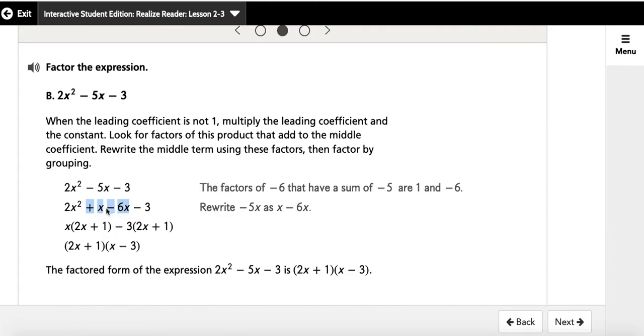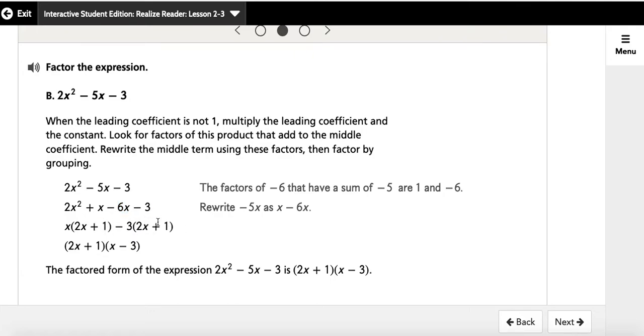And the reason for doing that is now we can group these two together and factor out an x times 2x plus 1. Okay? And then we can factor this. We can factor out a negative 3 and also have the 2x plus 1.